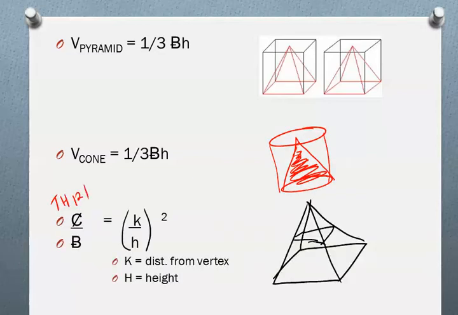And the last thing we'll talk about before we get to some examples is Theorem 121, which states that the ratio of the area of a cross-section to the area of the base equals the square of the ratio of the figure's respective distances. So this section in here would be considered the cross-section.